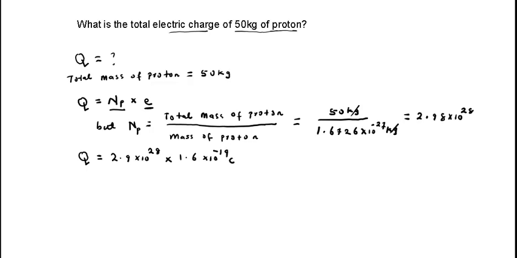So remember that the charge of proton is constant. When you multiply 2.9 times 10 to the power 28 by 1.6 times 10 to the power negative 19 coulombs, you are going to get 4.783 times 10 raised to the power 9 coulombs. So this becomes the total electric charge.